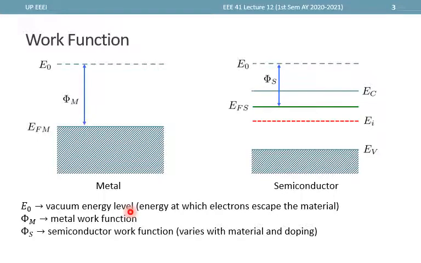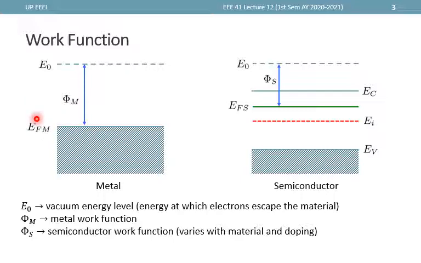This E naught is related to the other energy levels, specifically the Fermi level, by what we call the work function, and we will use the symbol capital Phi to represent that work function. So we have different work functions for metals depending on the material, and for semiconductors depending on the material. So Phi is basically E naught minus EF.